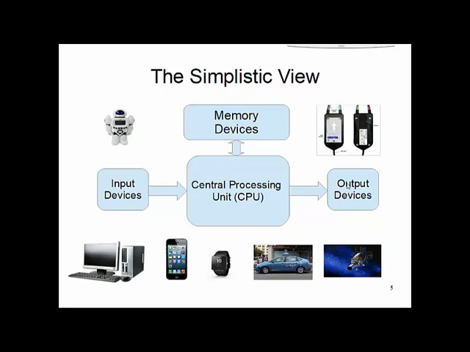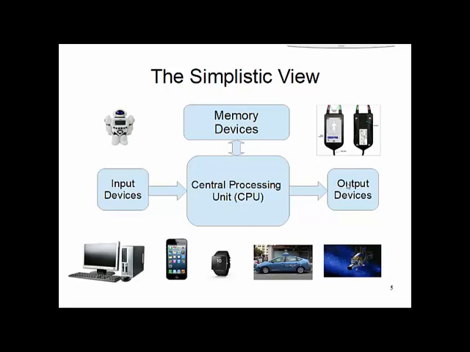Maybe it's on the screen printing something, maybe it's the car moving in the right direction, maybe it's a phone call being received, etc. So all of them have a certain set of input devices, output devices, and also they possess some amount of memory devices which store intermediate information between the steps of the information processing. And all this information processing takes place in a component called the CPU, or central processing unit.